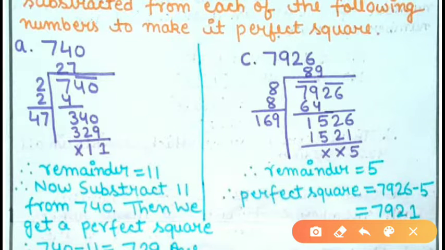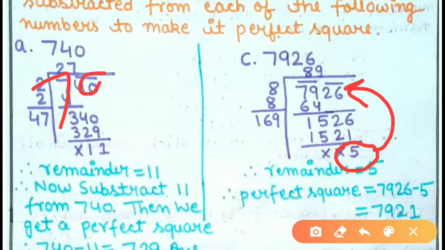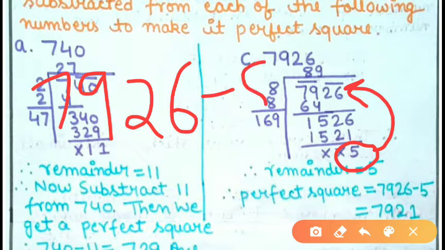First of all you find the perfect square by the long division method. When you solve, you will get 5 as a remainder. You want to remove this remainder, so for removing the remainder just subtract the remainder from the given number, 7926 minus 5.